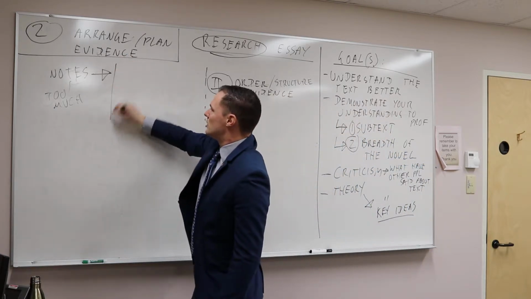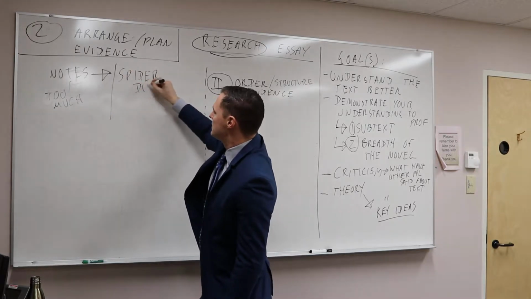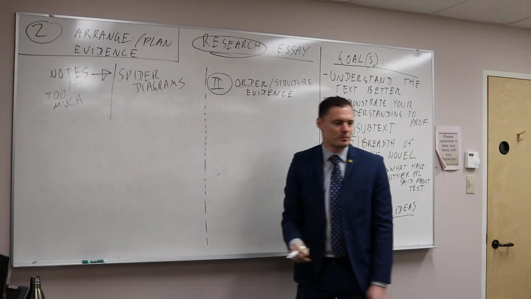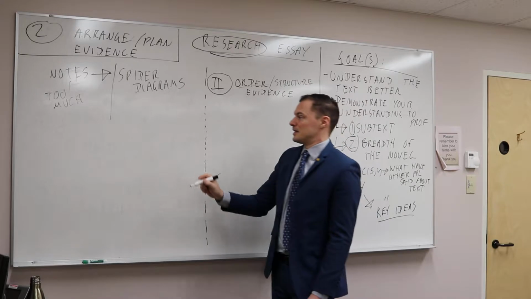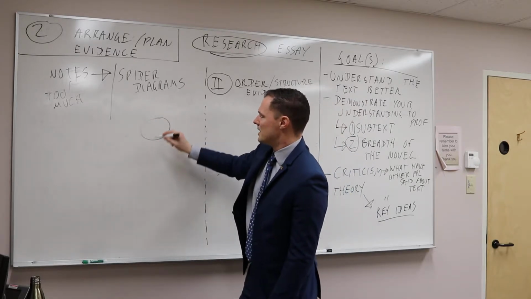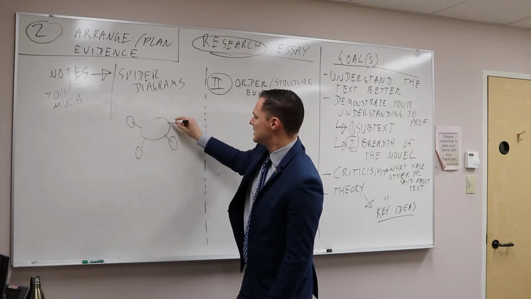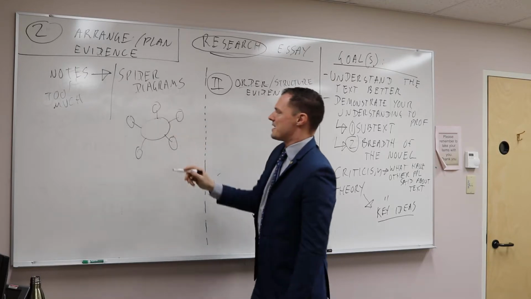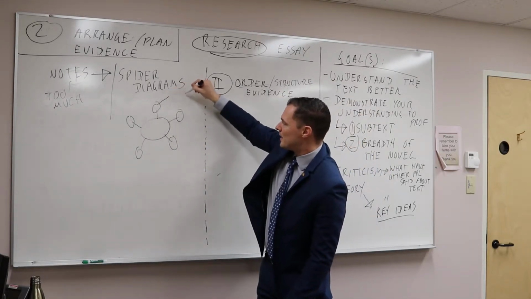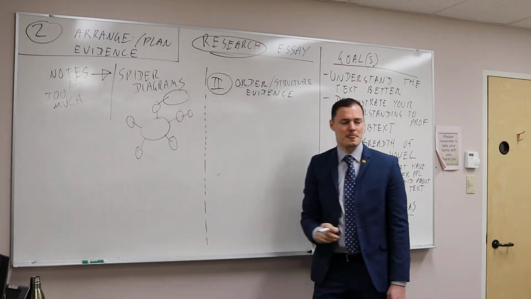So you can do spider diagrams. When I demonstrated this last time, I did one big spider body, and then I had legs, and then I had intersections with other, maybe big spiders, or other little legs of spiders, something like that.